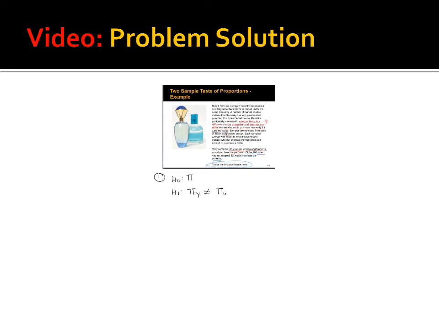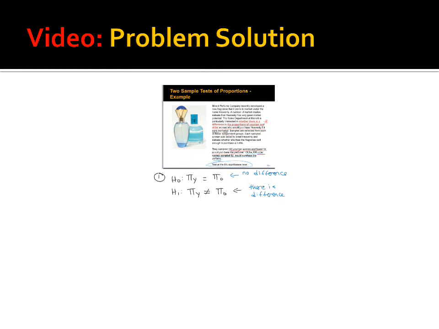That's our setup, which means the null hypothesis is pi younger is equal to pi older. The alternate says there is a difference in the purchasing patterns between the younger and older women.